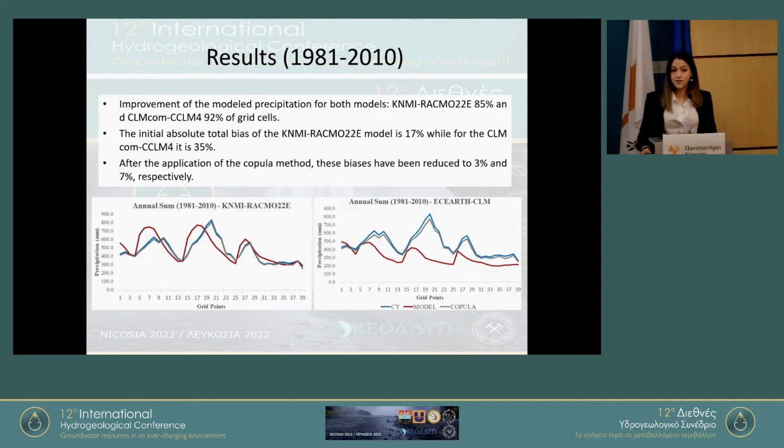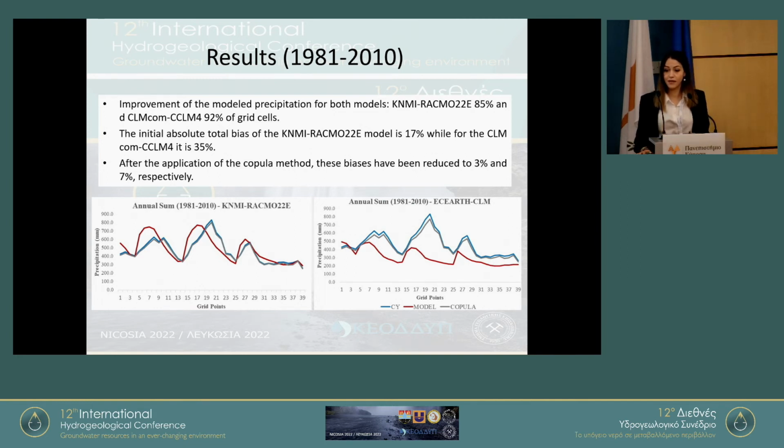So the results for the recent past period: in these graphs you can see the results for each grid point. The gray line is the reference dataset, the red line is the model data, and the blue line is the bias-corrected dataset. As you can see, there is a great improvement for both models.